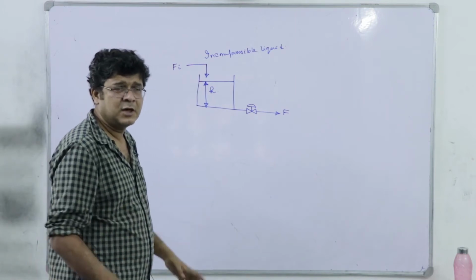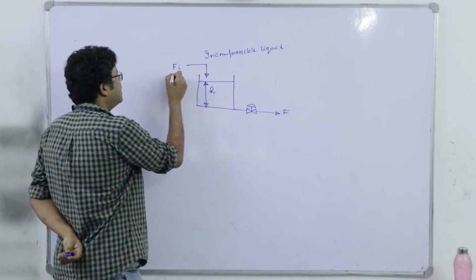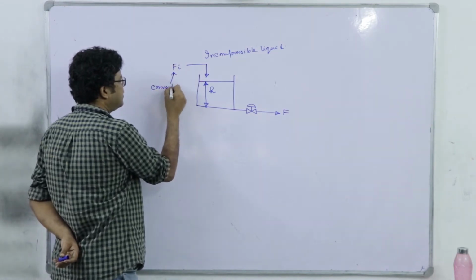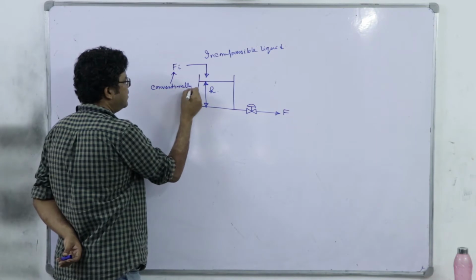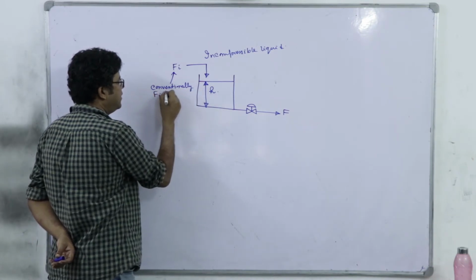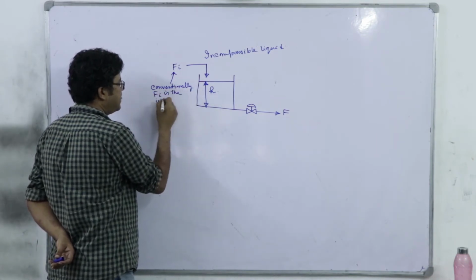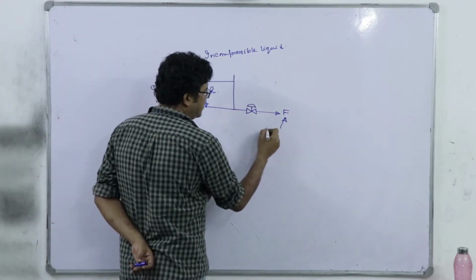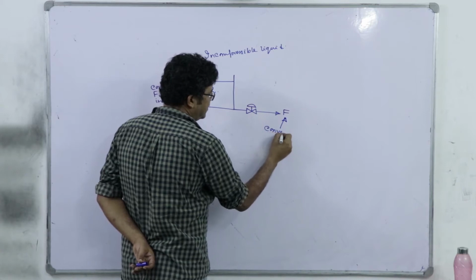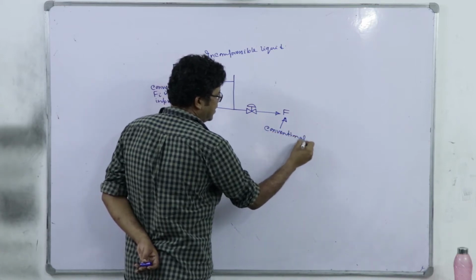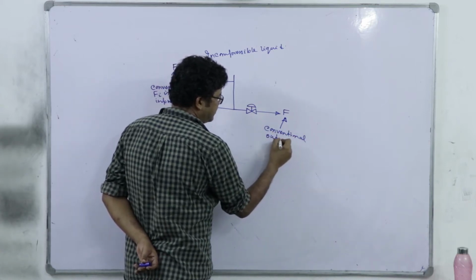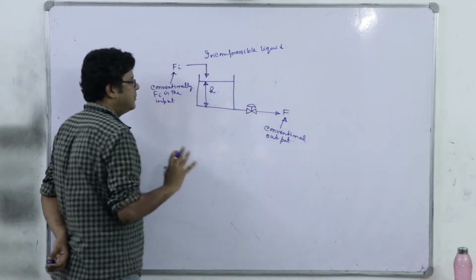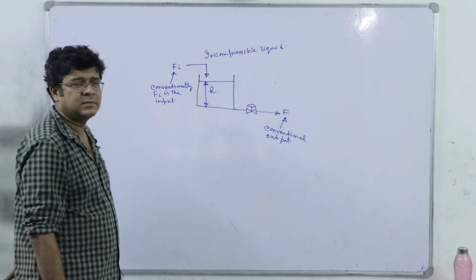Material flow wise, this is the input, this is the output, okay, and H is something related to that specific state of that system. So conventionally Fi is the input, and F is the conventional output variable, and H is representing some state of that system.